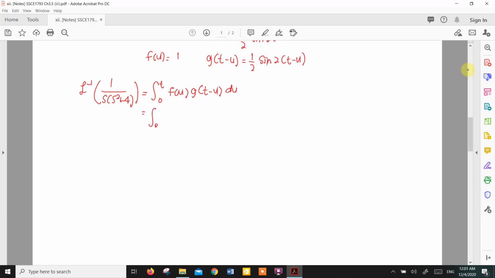So 0 to t, your f(u) is 1, your g(t-u) is this one, so 1 over 2 sin 2(t-u) du. So 1 times 1 over 2 here is constant, we take out the constant, so from 0 to t we are just left with sin 2(t-u) du.